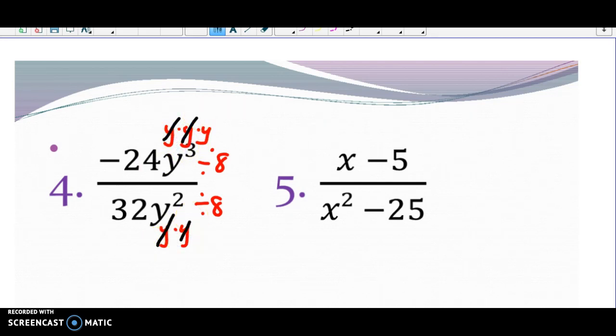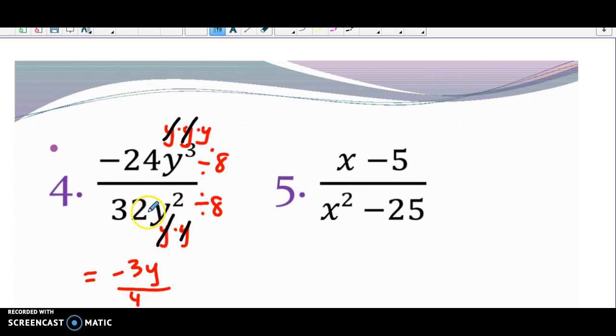So as we simplify here, negative 24 divided by 8 is negative 3. I only have a y left, and in my denominator, 32 divided by 8 is 4, and I have no y's left. So my simplified expression is negative 3/4 y, or negative 3y over 4.